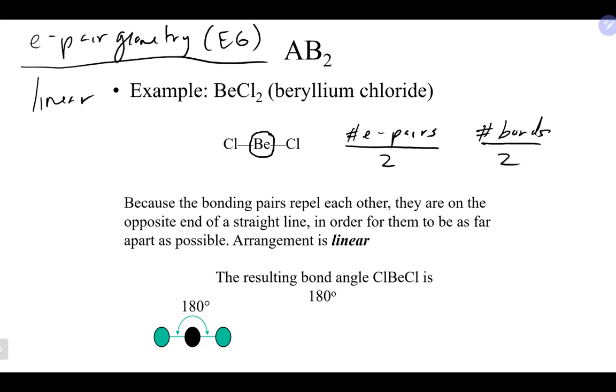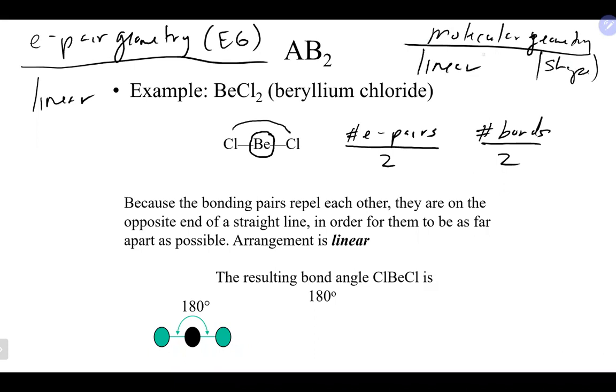In this particular case, both of the electron pairs are bonds, which means those chlorine electrons are going to try to get as far apart from each other as possible. Basically, as far apart as possible is opposite sides of each other. And that gives you a molecular geometry, our shape, of linear as well, with a bond angle of 180 degrees.